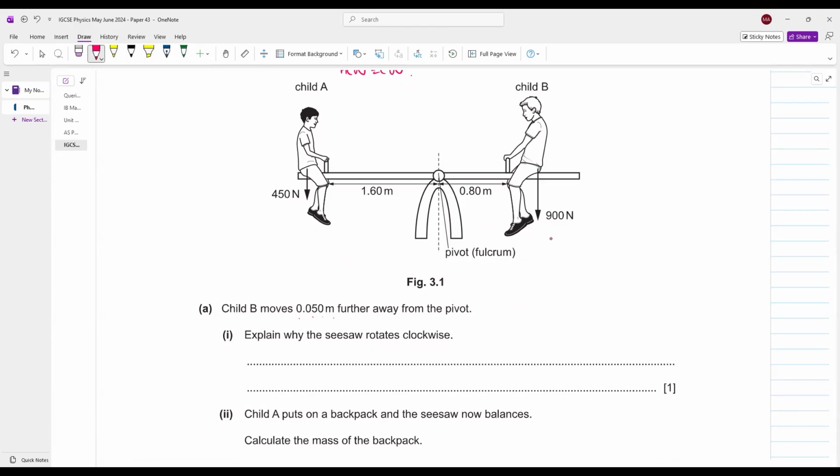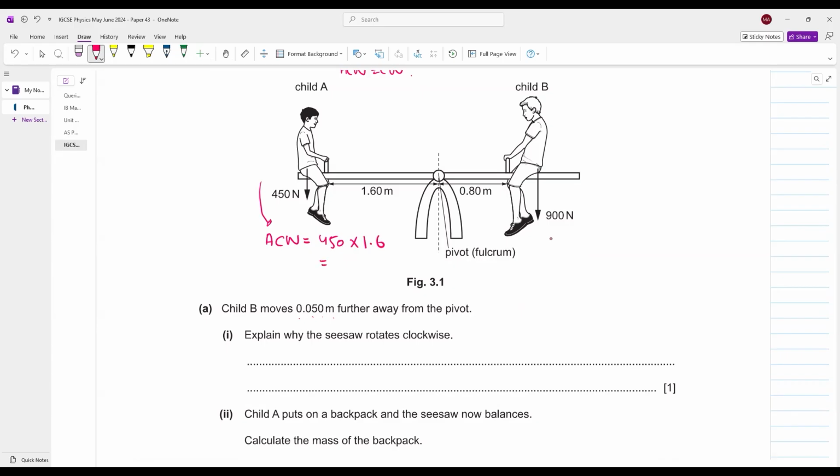अच्छा थोड़ा सा इसको देखते हैं बेटा. अभी इस scenario में they are balanced. This child A is creating an anticlockwise moment, it is rotating the seesaw in opposite direction to the clock. 450 न्यूटन की फोर्स है, 1.6 का डिस्टेंस है.